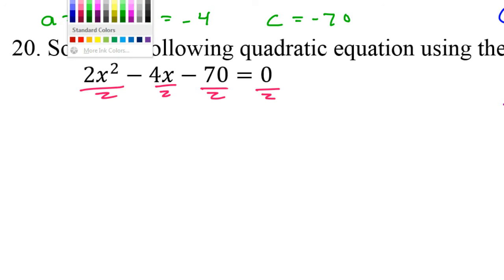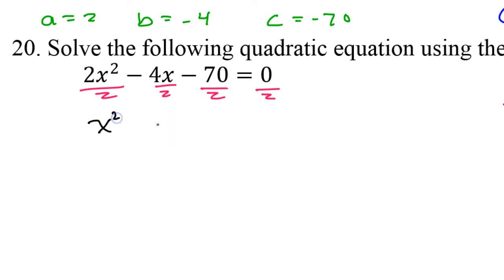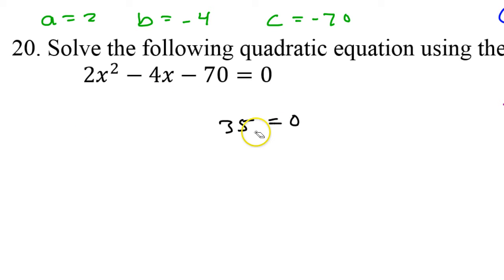That would give you x squared minus 2x minus 35 equals 0. You could do the quadratic formula with this version, and we should get the same answer in the end. So it shouldn't matter which one you do. I'm going to do it with the original numbers, 2, negative 4, and negative 70, but you should get the same answer either way.